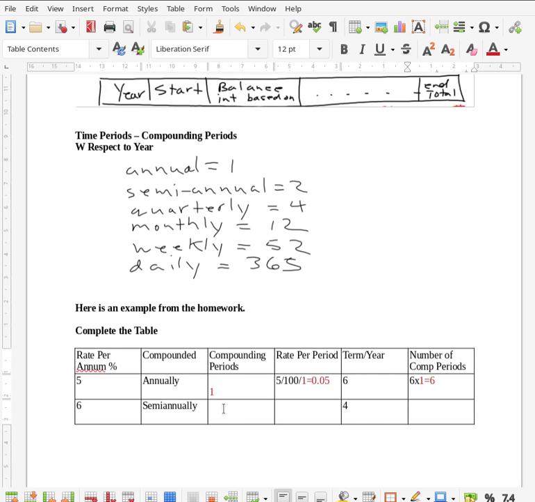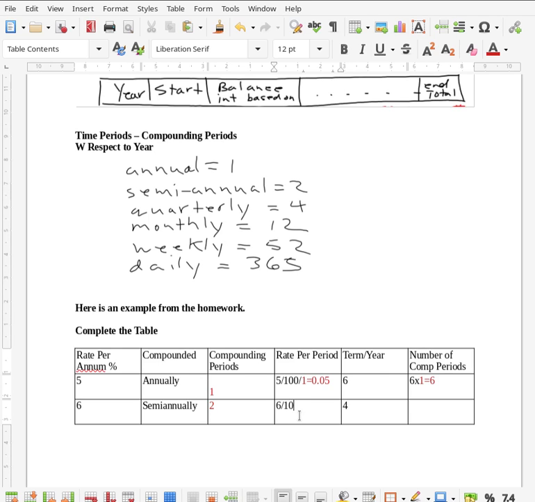Now, we're going to do the same thing for our semi-annual. When we have something that's semi-annual, we start with the number 2, because semi means there are two times something happens in a year. Now we have to calculate our rate per compounding period. Here's all you do.